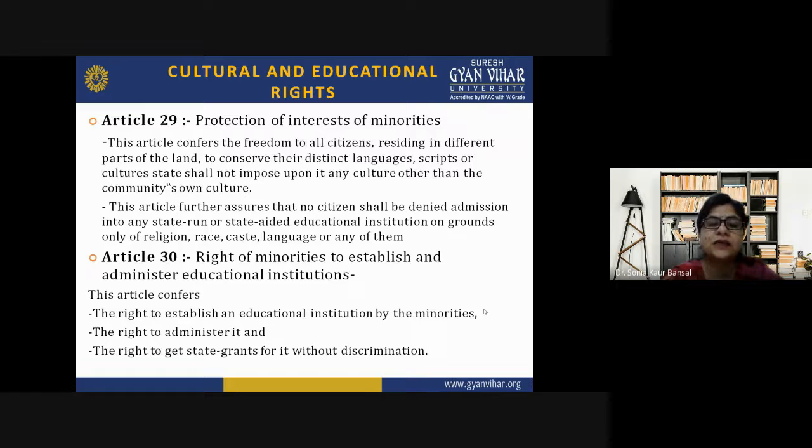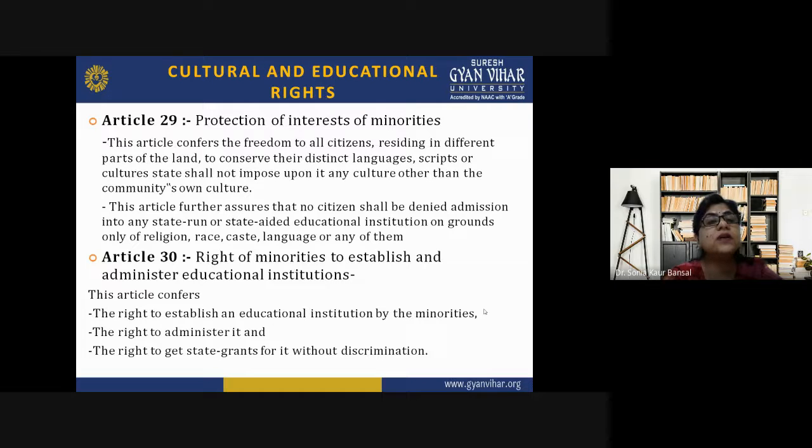This article confers the freedom to all citizens residing in different parts of the land to conserve their distinct languages, scripts, or culture. States shall not impose upon it any culture other than the community's own culture. So the state will not impose any culture on them.